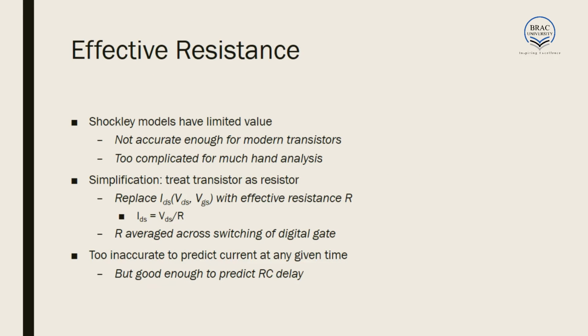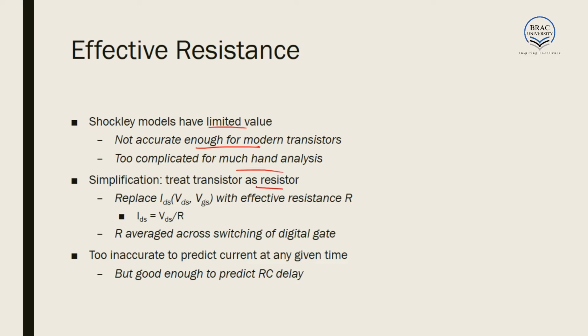Now for effective resistance, the Shockley model will give us a certain value of resistance, which is not accurate for modern day transistors, it's true, and it's very complicated for hand analysis because there are a lot of parameters that need to be considered. For example, mobilities, widths and lengths have to be considered.